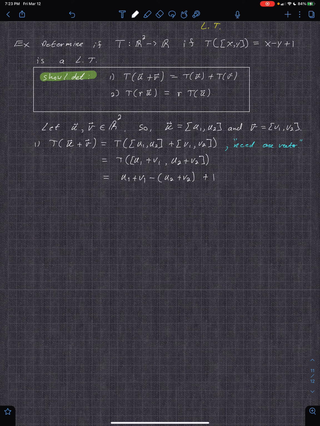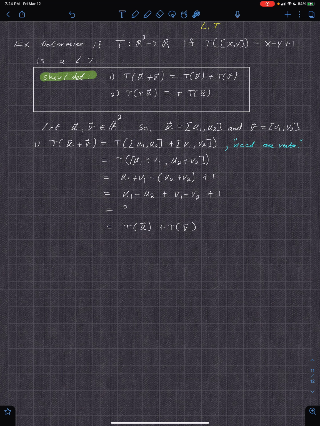Then you simplify that and see what you get. So that's u1 minus u2 plus v1 minus v2 plus 1. So can you make that equal to T of u plus T of v?